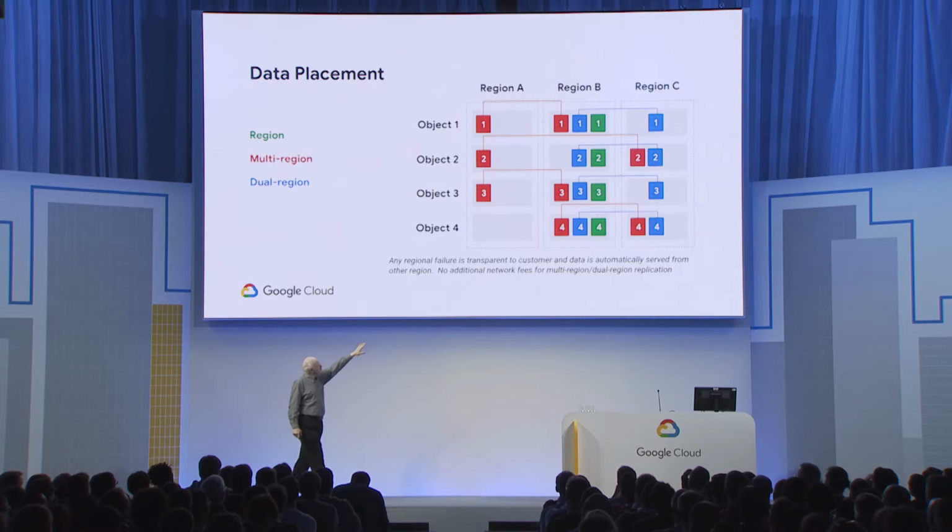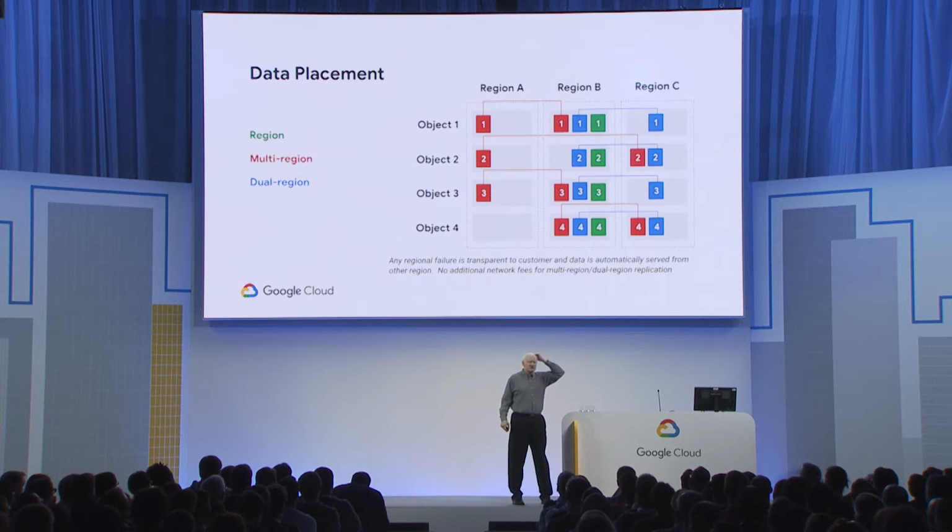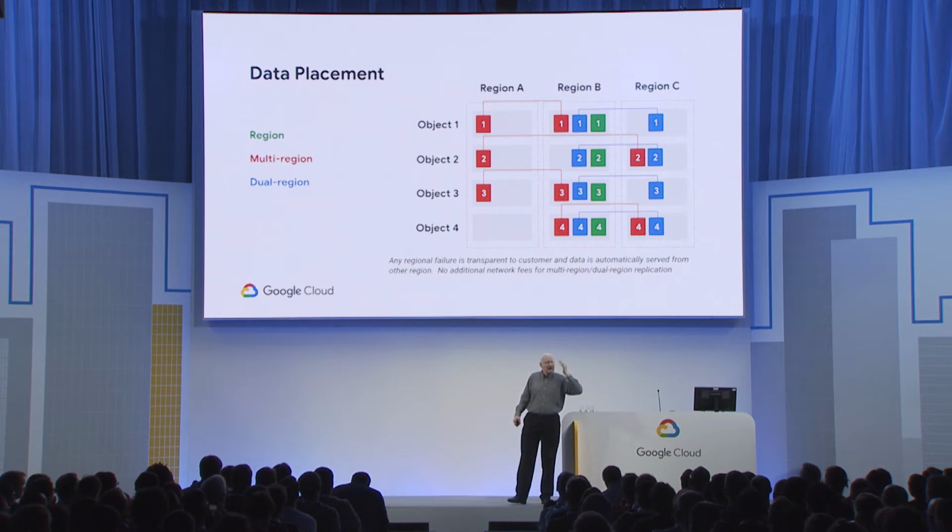Our blue objects are dual regional objects, which are replicated across 2 specific regions. And our multi-regional objects, indicated in red, are each replicated in 2 regions, but we choose which 2 regions for each object. Right? So we guarantee the data is in 2 regions, but you don't get to control which regions that data is specifically being replicated in, except for the constraint about it being in Europe or in the United States or in Asia.